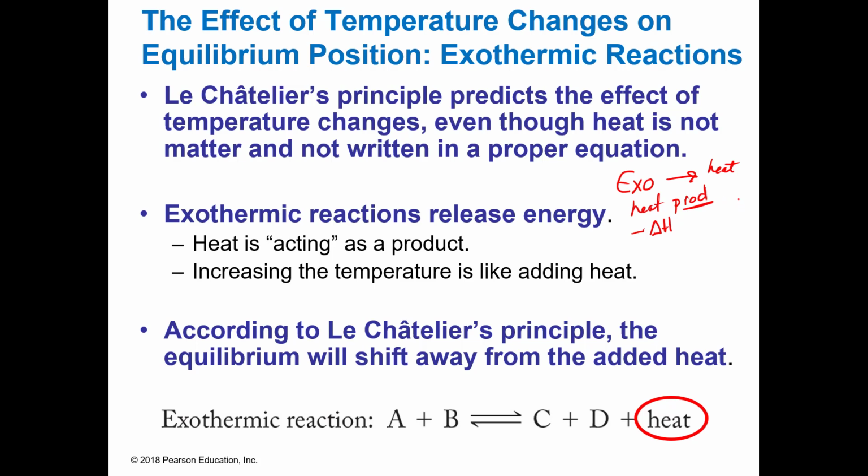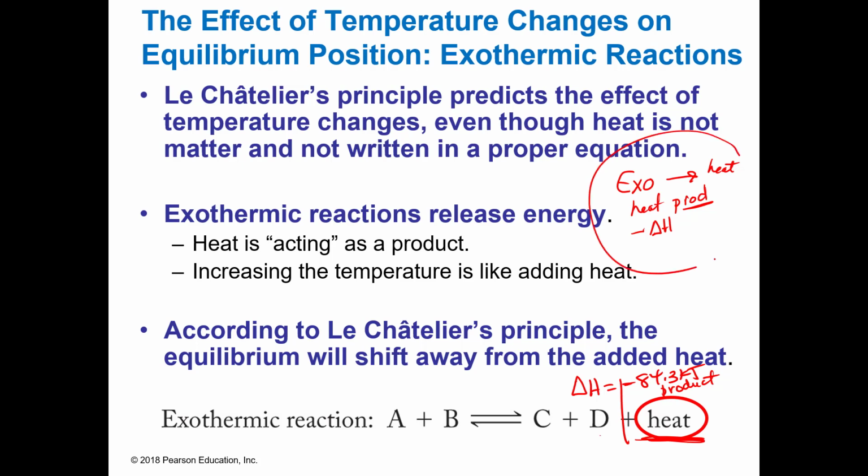You can write it A plus B equals C plus D plus heat, which means it's exothermic and heat is a product. Or you can leave that out and say the delta H is negative 84.3 kilojoules. That's another way of saying it's exothermic and heat would be a product.